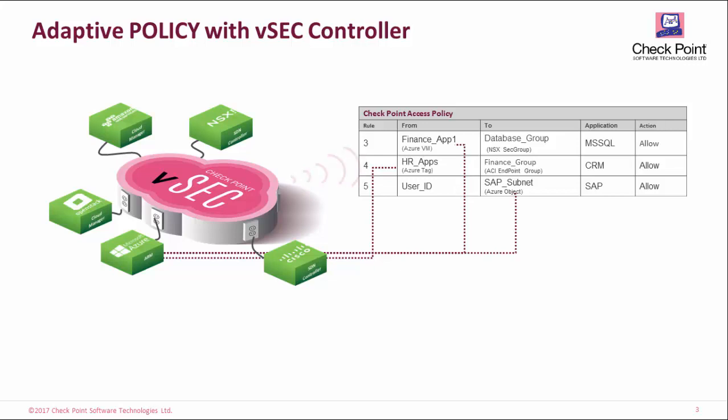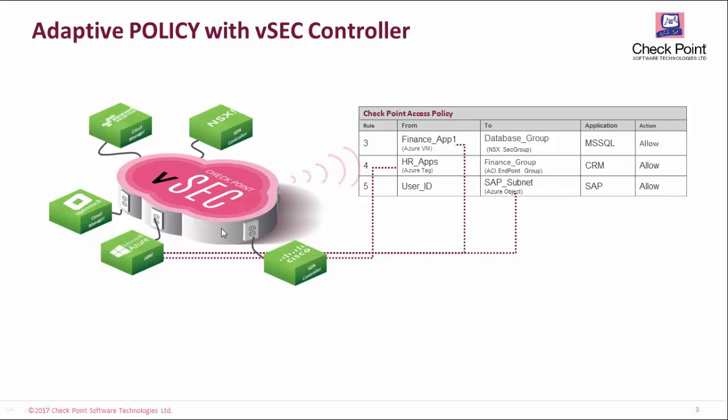The second is that those objects that we pull from Azure environment are actually fully dynamic, which means if they change on Azure side, let's say Finance App 1 from Azure, someone on Azure side is changing its IP address. Our management server will know about this change within seconds and will automatically update the policy within up to 30 seconds. And then this object will be automatically updated in our policy.